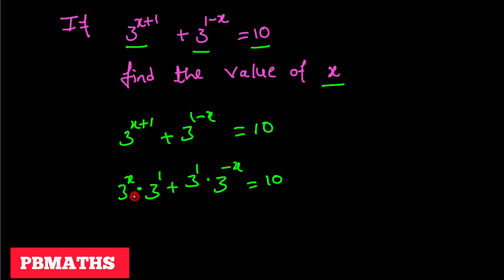Now we can write this as 3 to the power x into 3, plus 3 to the power 1, that is 3, divided by 3 to the power minus x. By shifting it to the denominator, we can rewrite it as 3 to the power x is equal to 10.